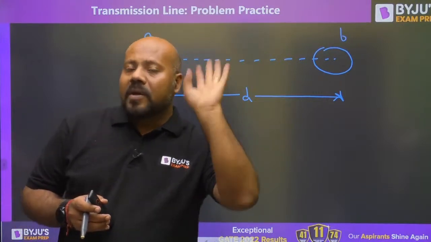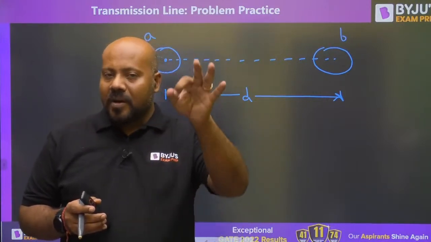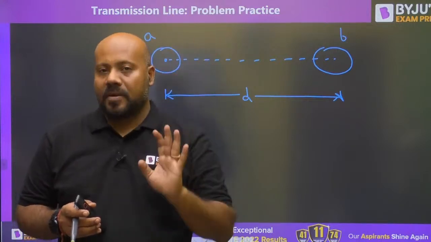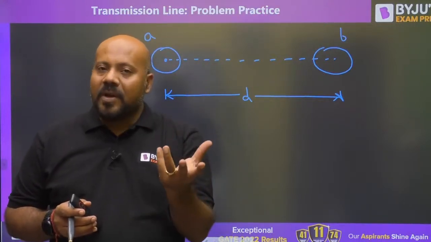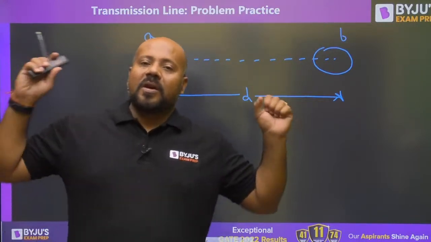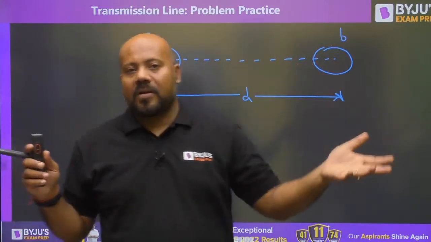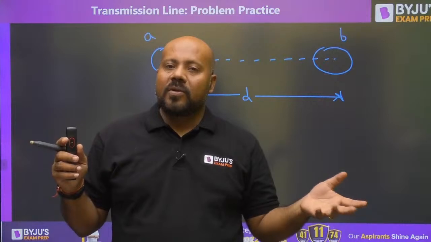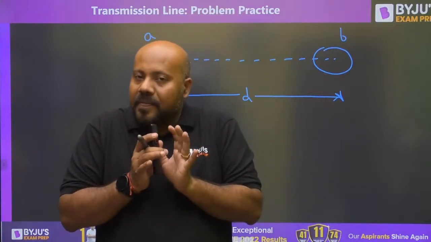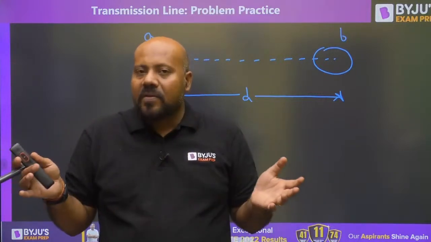Now, when you talk about the voltage, you have to talk about the reference, because voltage cannot be absolute. You may be thinking you are very strong, but the moment you see somebody who is stronger than you, you feel weak. That is the same case with the voltage.